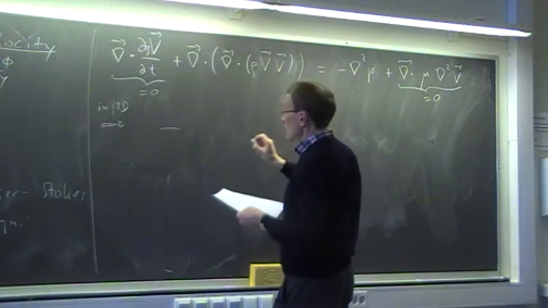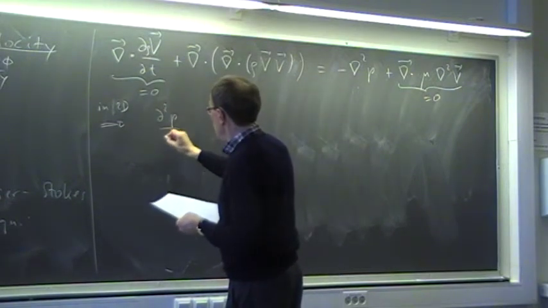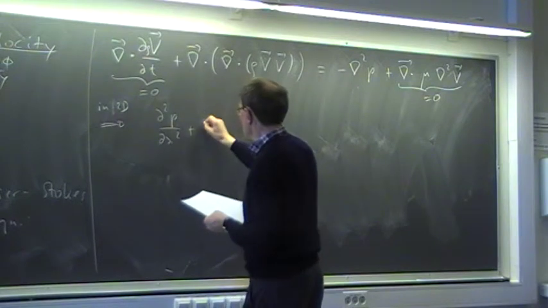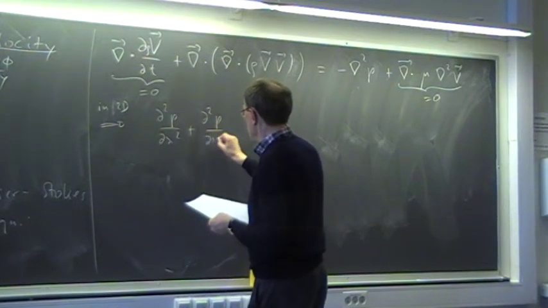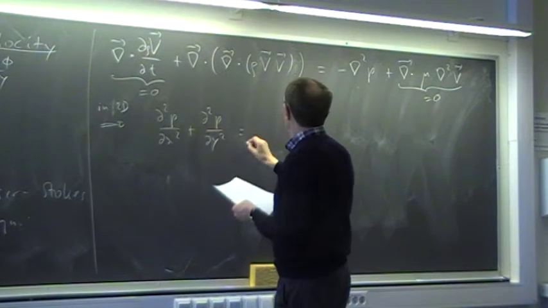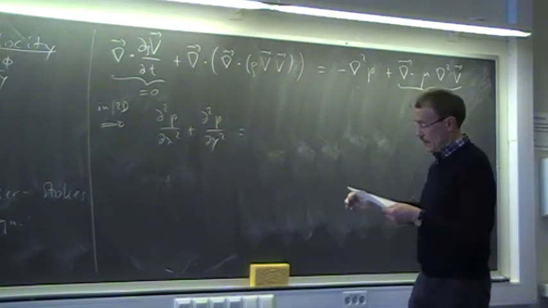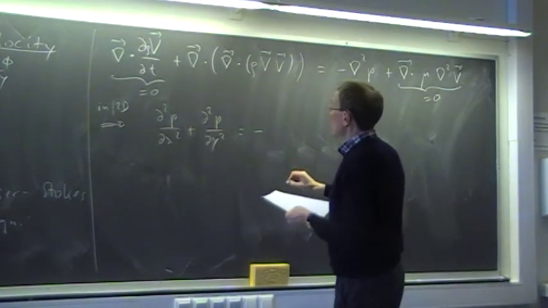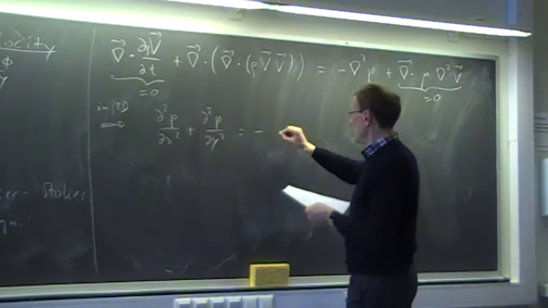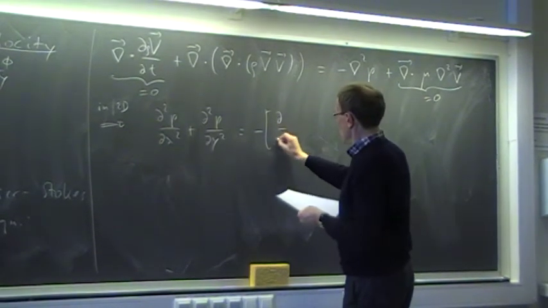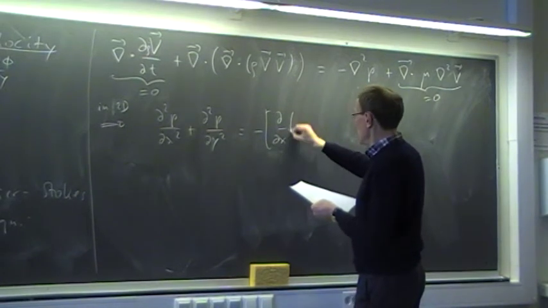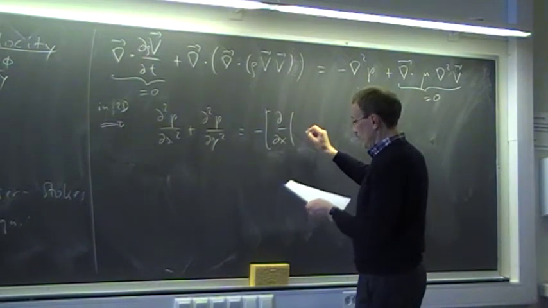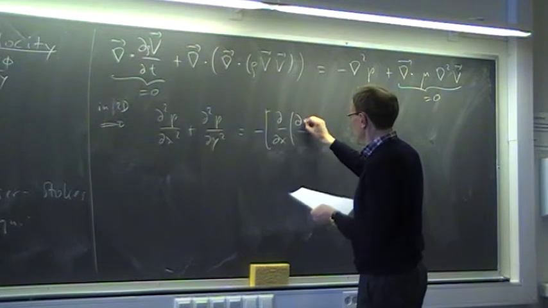Then the Laplacian gets the d squared p dx squared plus d squared p dy squared. And on the right hand side, so we put the minus on that side, we get then minus this term. And if we write this term, we get a d dx. And then if we write everything, we can simplify that further.